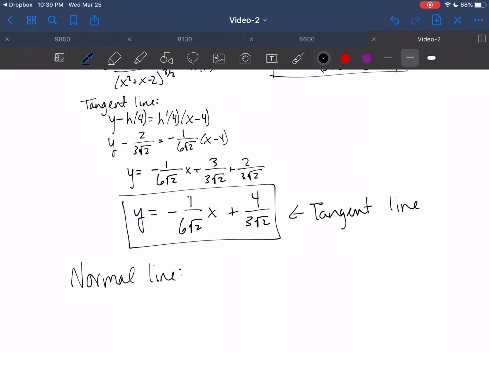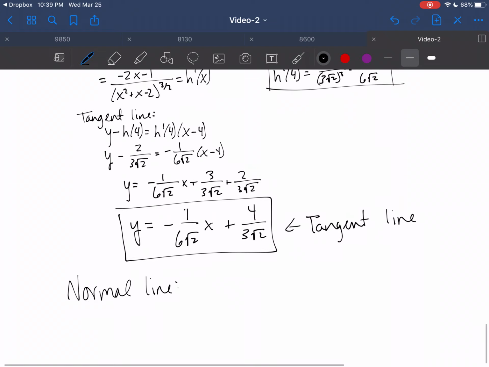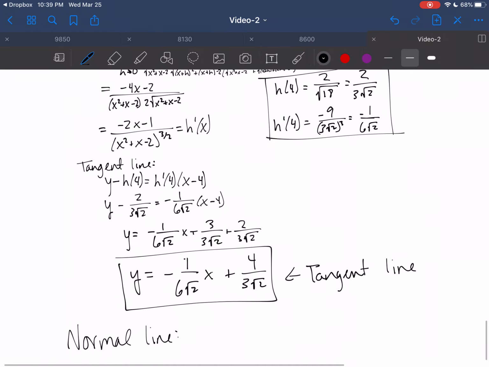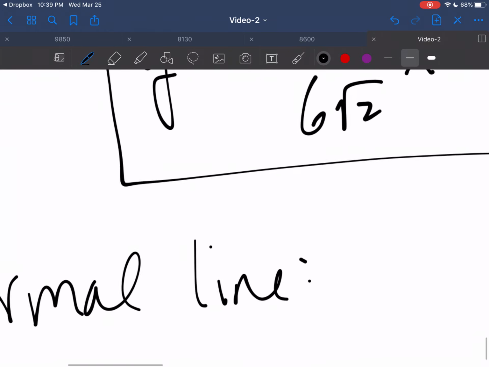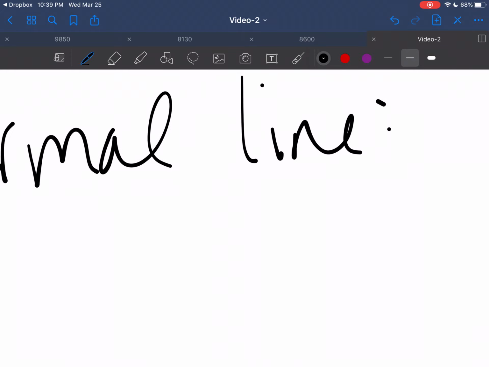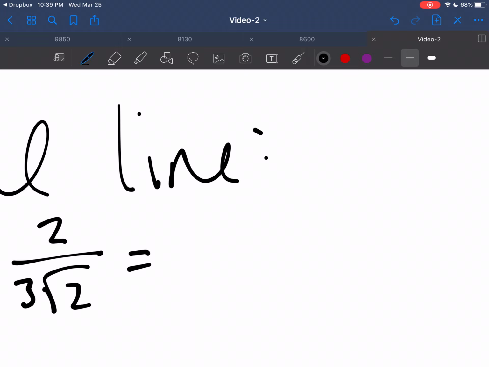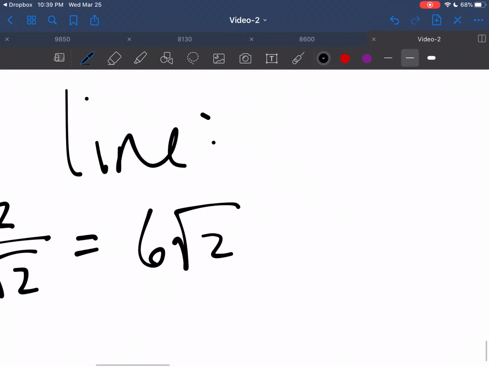So for our normal line, take your derivative, find the negative reciprocal of it. So the normal line will be y minus 2 over 3 root 2, that's the same, equal to 6 square root 2.